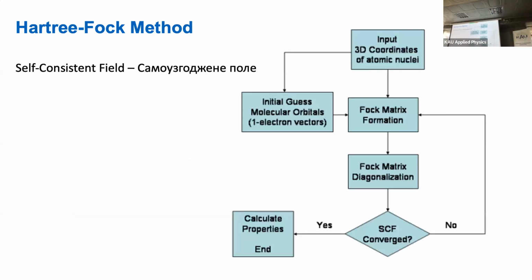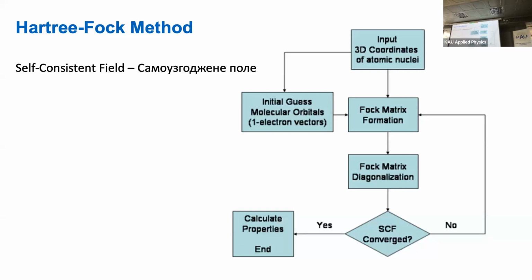How can we calculate Hartree-Fock? Next time we will have laboratory work, and we will make self-consistent calculations. How can one calculate the energy of some system using the Hartree-Fock method? First step, one should input coordinates of atomic nuclei. For example, we have a diamond crystal of carbon atoms.